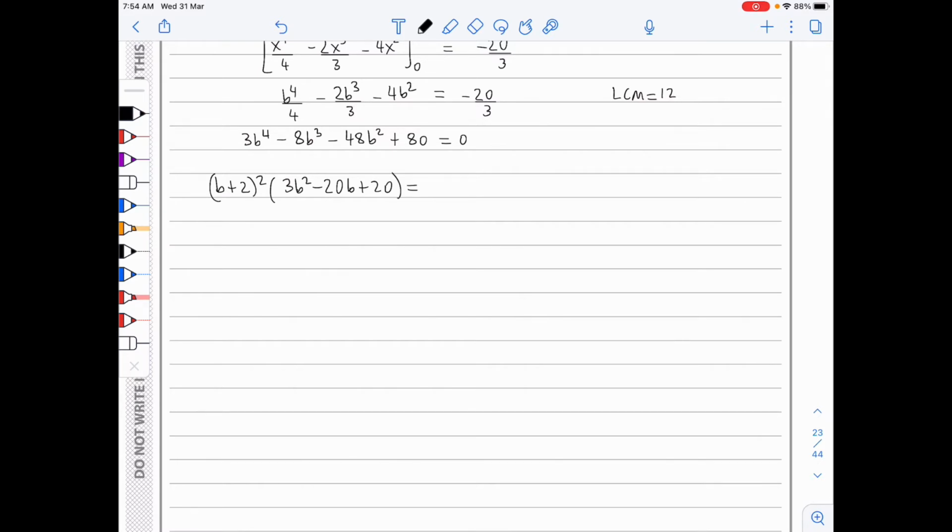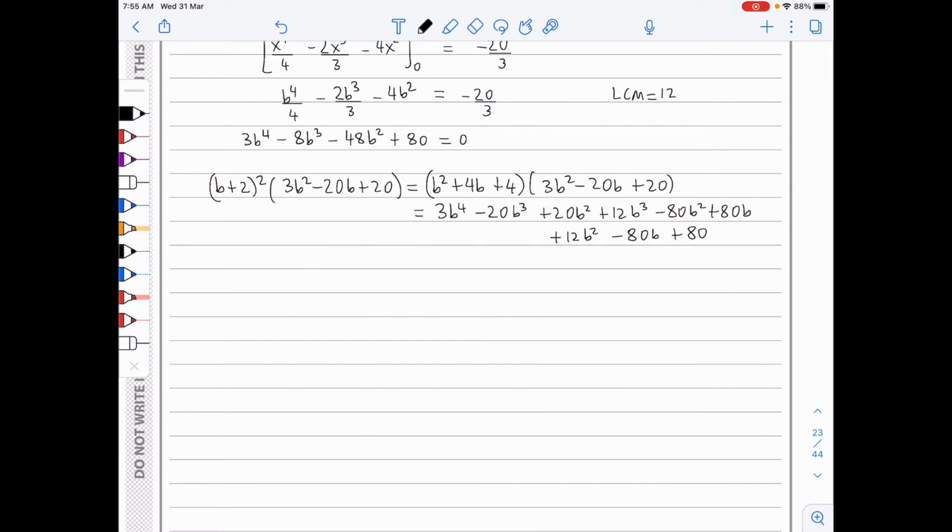So it's going to be b squared plus 4b plus 4, and then brackets 3b squared minus 20b plus 20, and then a further expansion to give me 3b to the power of 4 minus 20b cubed plus 20b squared plus 12b cubed minus 80b squared plus 80b plus 12b squared minus 80b plus 80.